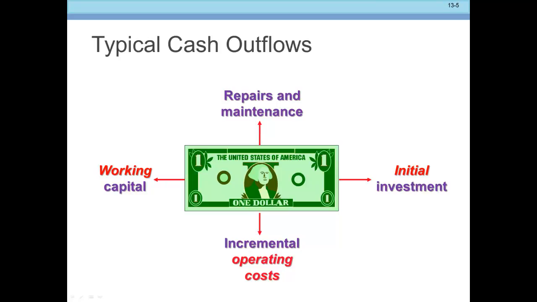Because of that, working capital is recognized as a cash outflow at the beginning of the project and a cash inflow at the end of the project. All of these things are cash outflows that may occur at various times, so we want to express each of them in today's dollars.